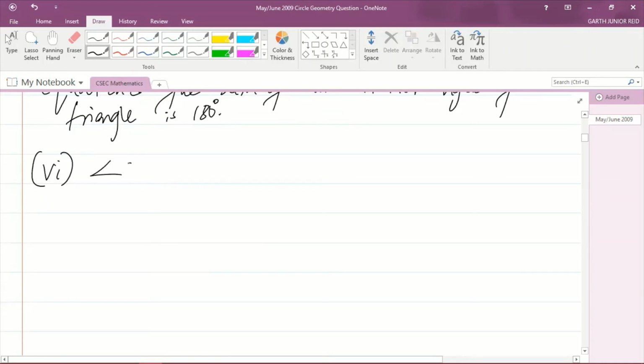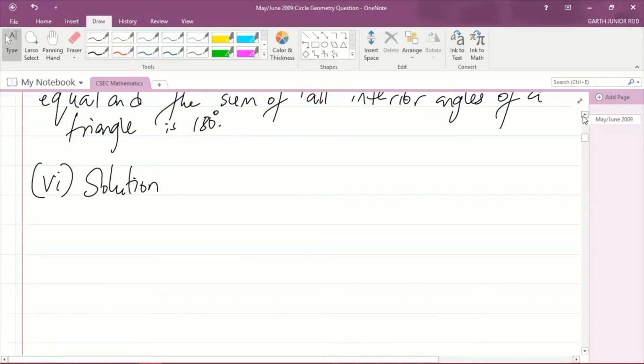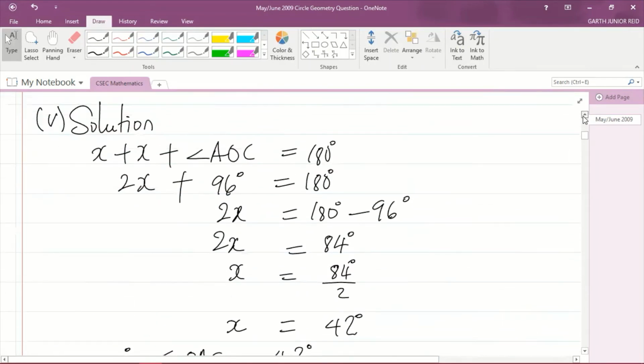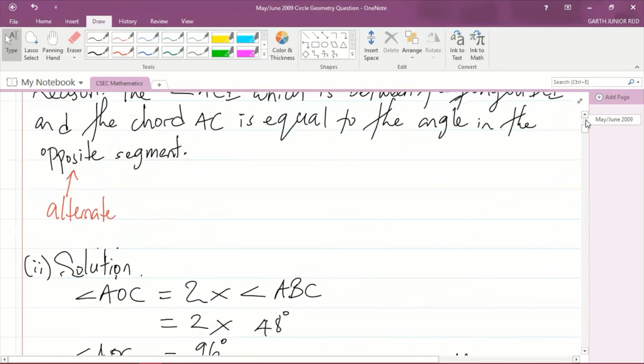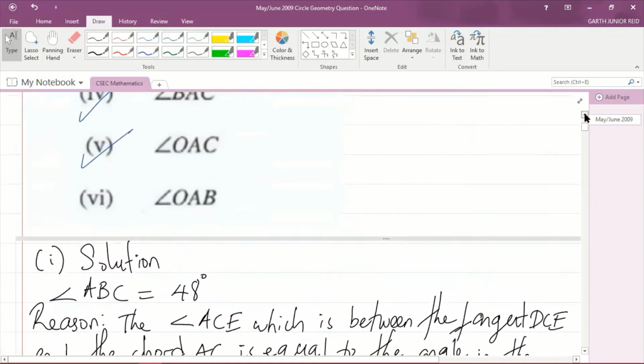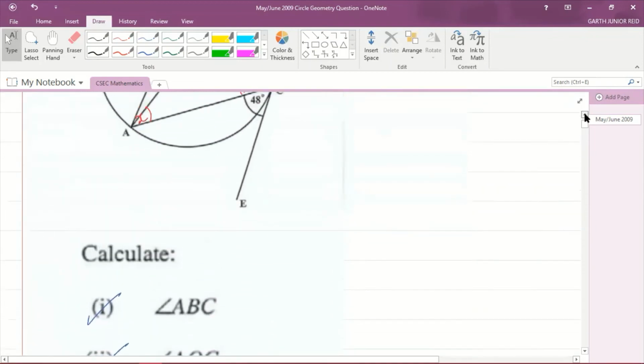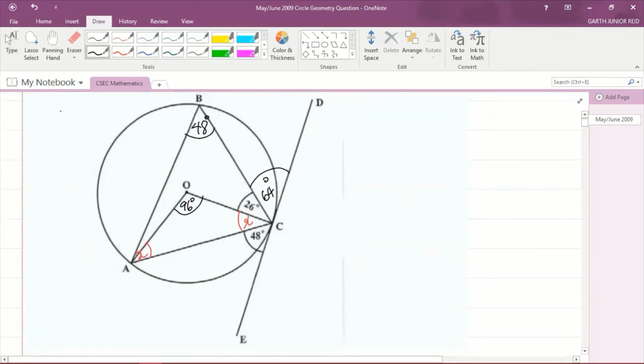So that is the angle OAB. Great. So let's just look at it. OAB. Okay, so let us just erase these here.